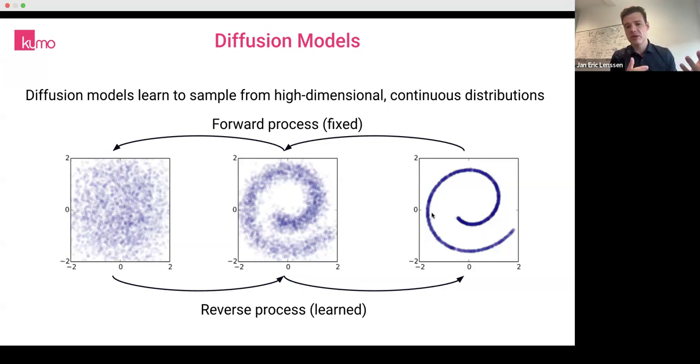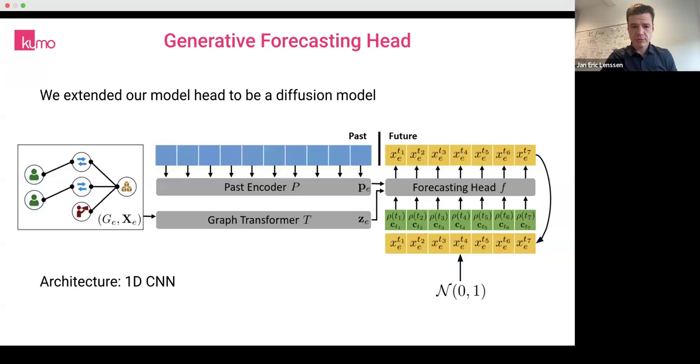And it's quite nice. If that's conditional, you can use this to do forecasting. So you just essentially sample random noise, and then you use your model to iteratively denoise it until you reach some forecast, which is conditioned on your conditioning signals. And that's what we tried also here.